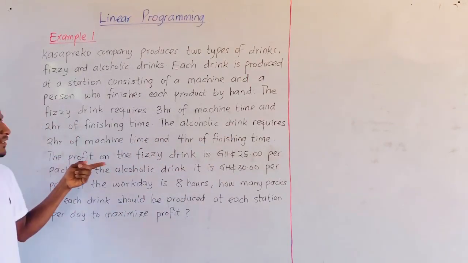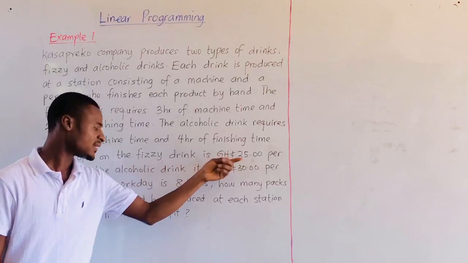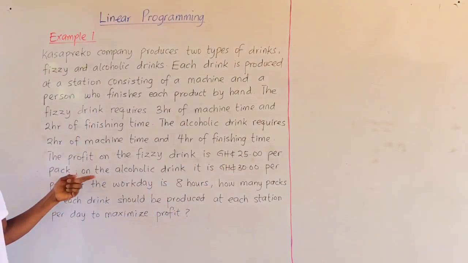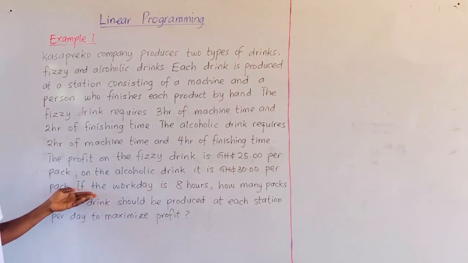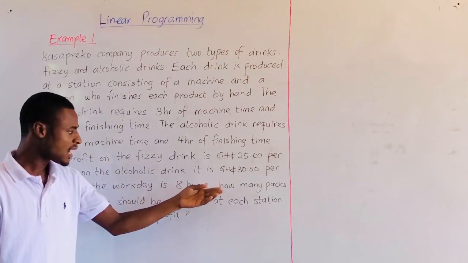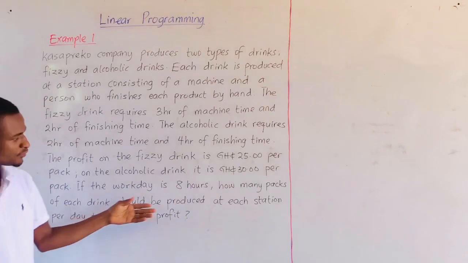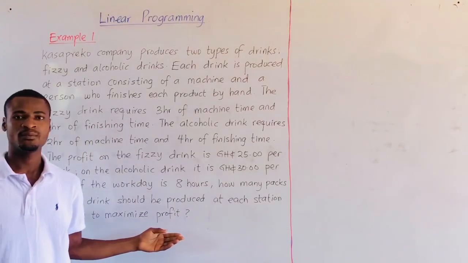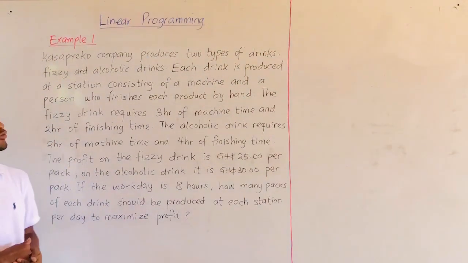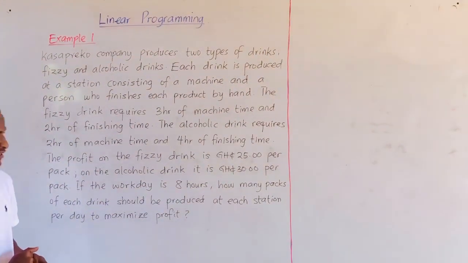The profit on the fizzy drink is 25 Ghana cedis per pack. On the alcoholic drink, it is 30 Ghana cedis per pack. If the work day is 8 hours, how many packs of each drink should be produced at each station per day to maximize profit? Let's go through the key points in this question.